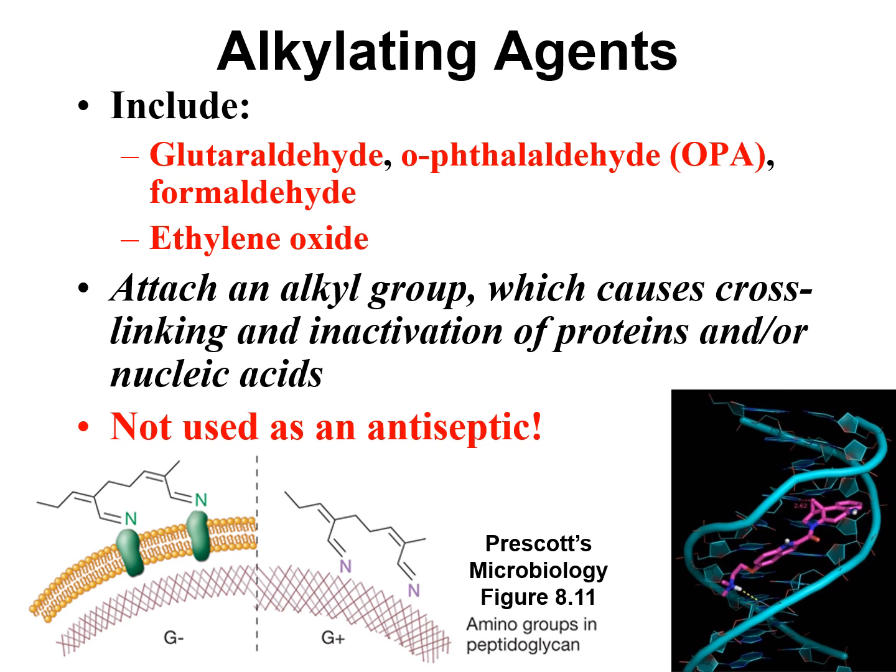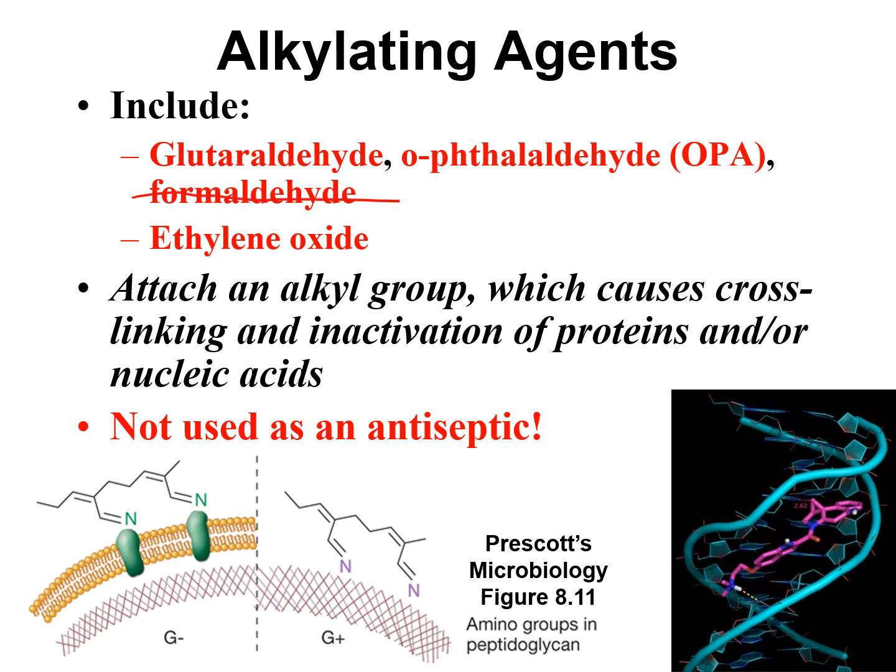Alkylating agents are the next chemical group, and they include glutaraldehyde, ortho-phthalaldehyde or OPA, formaldehyde, and ethylene oxide. Formaldehyde really isn't used in medicine, so I won't ask you about that one, so you can kind of cross that one out.